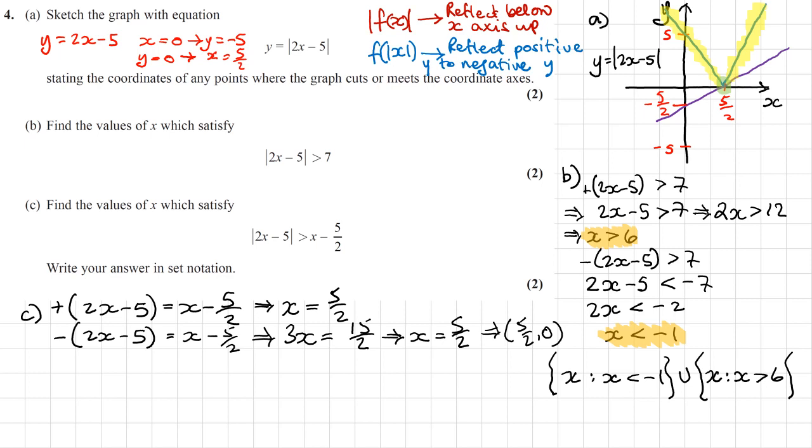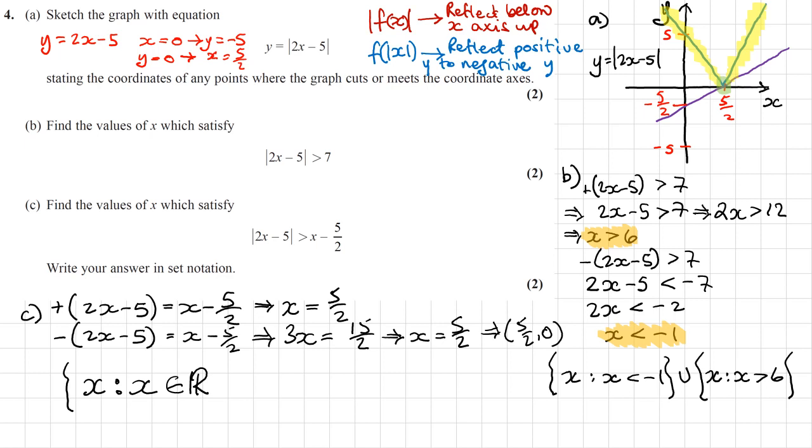So our solution is going to be this: x, so we always write x colon, and then we write what our condition is. X is, or that graph is above the other one everywhere. That's what that bit means.